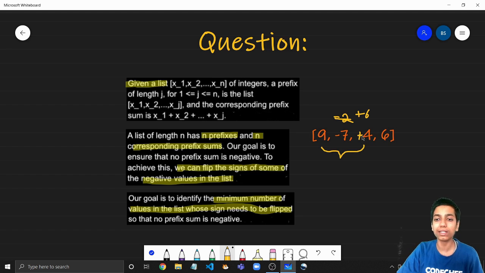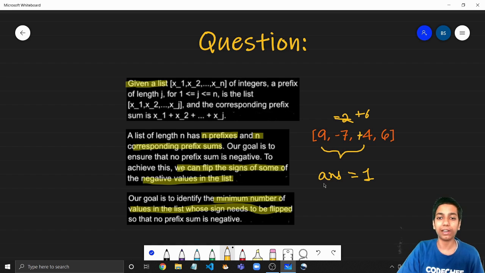So here by flipping the sign of only one element, we ended up with all the prefixes having a positive sum. So in this case, the answer comes out to be 1, since we only converted one element. And the answer will be different for different arrays. We'll be given a few arrays and we'll need to find the minimum number of values whose sign needs to be toggled so that every prefix sum is positive.